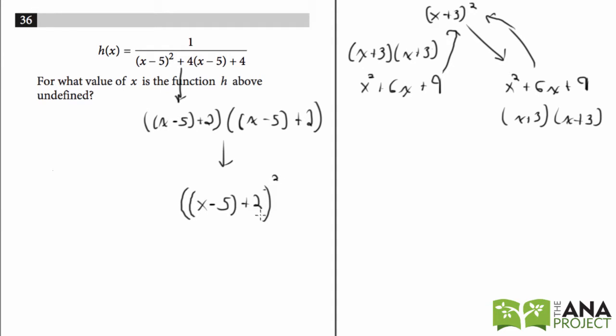And x minus 5 plus 2, negative 5 plus 2, is x minus 3 squared. So we can actually take this and make it a lot simpler.